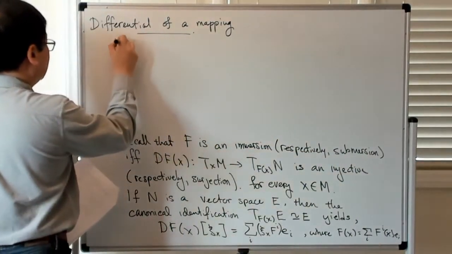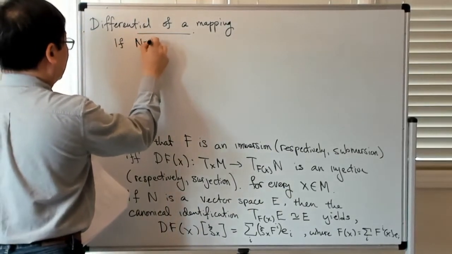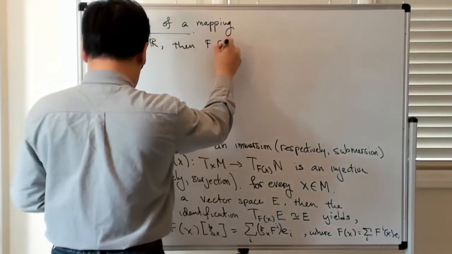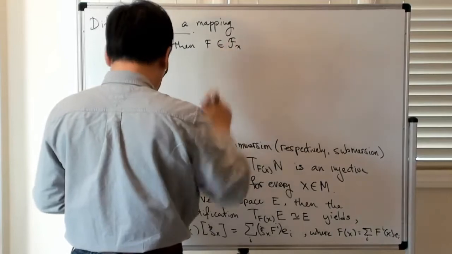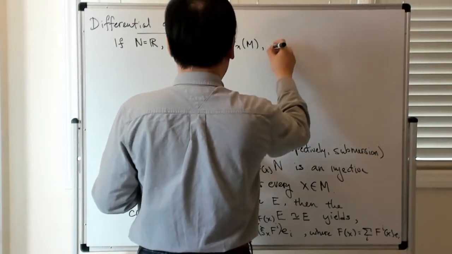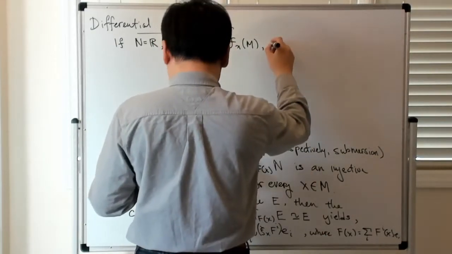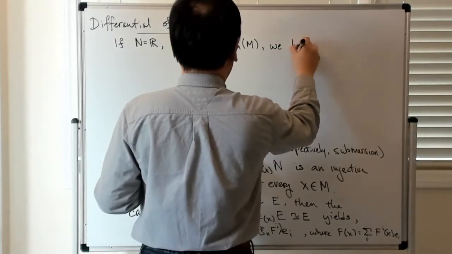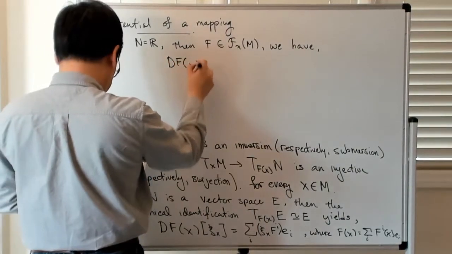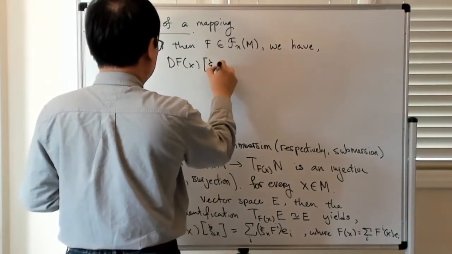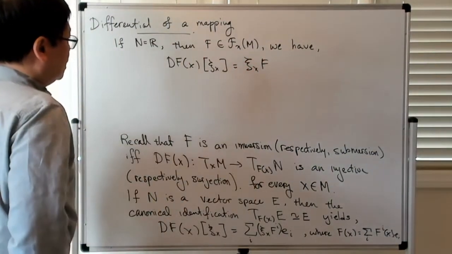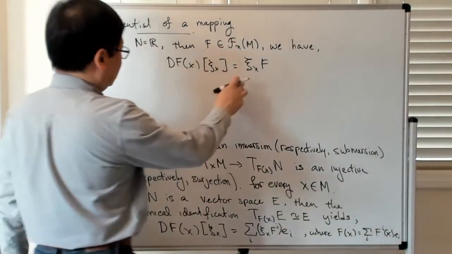So if N is actually just R, then f is a real valued function on M. Then this reduces to the following. We have that df of x acting on the vector is equal to the vector field acting on f.